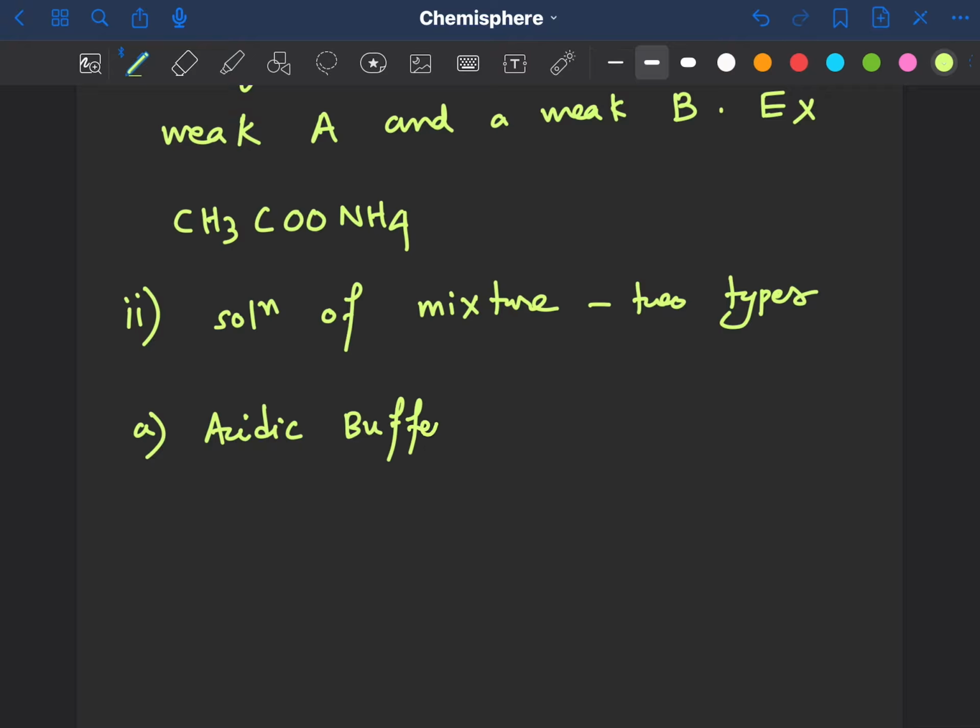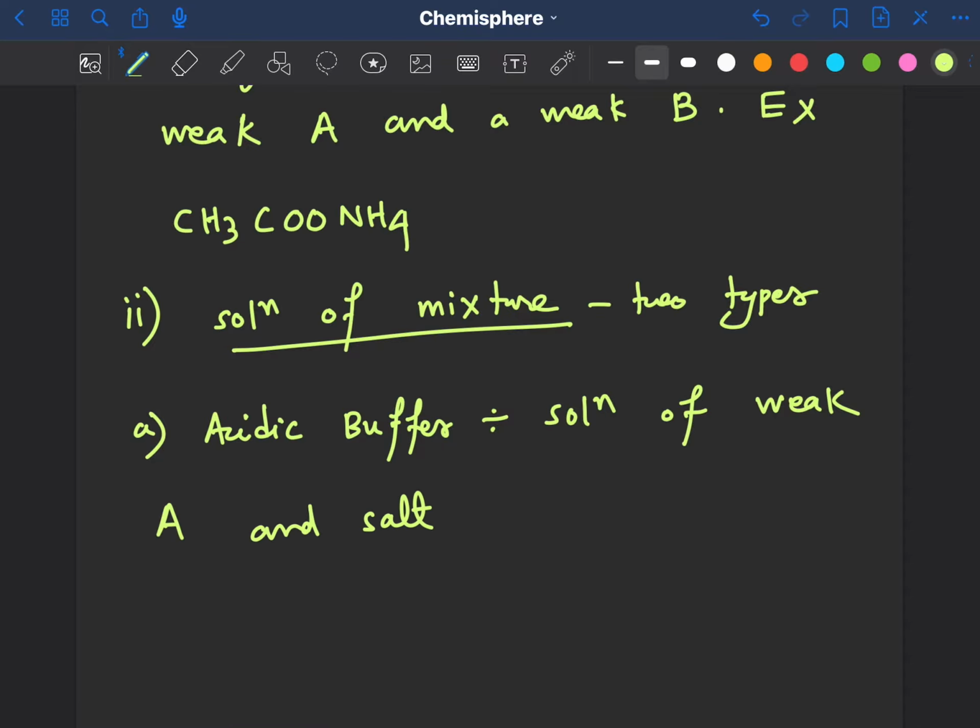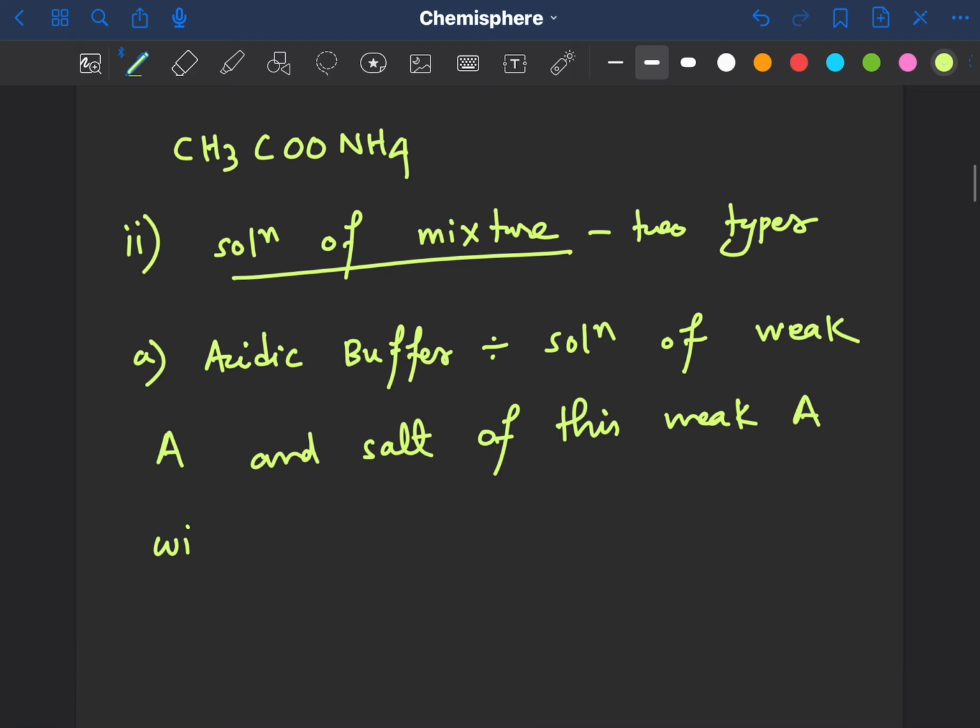An acidic buffer will consist of a solution of a weak acid and a salt of this weak acid with a strong base.